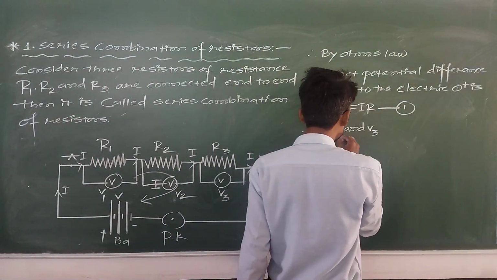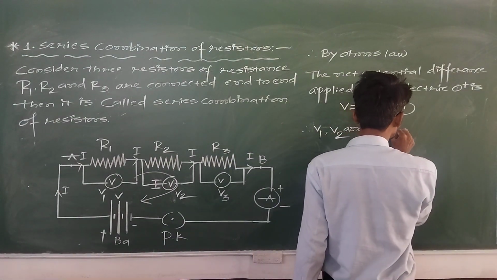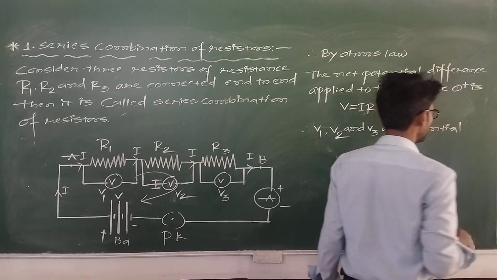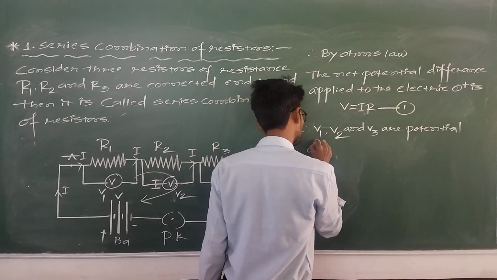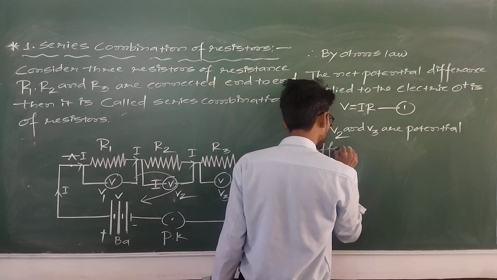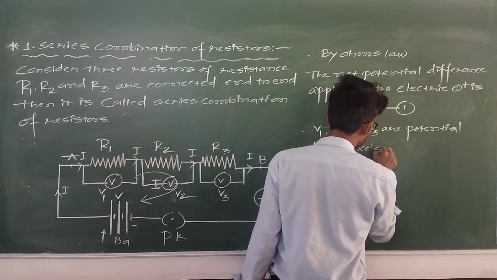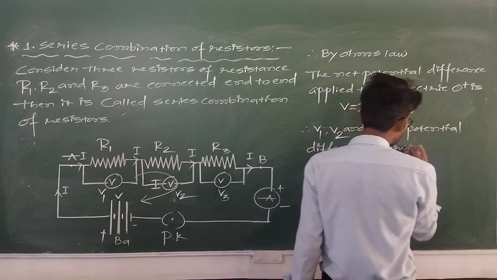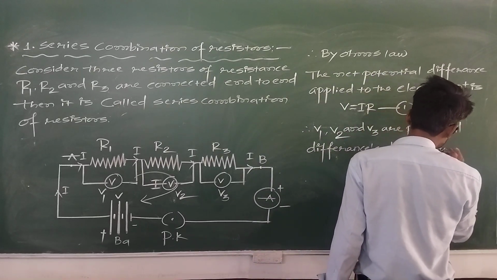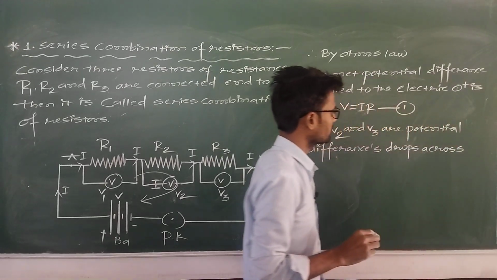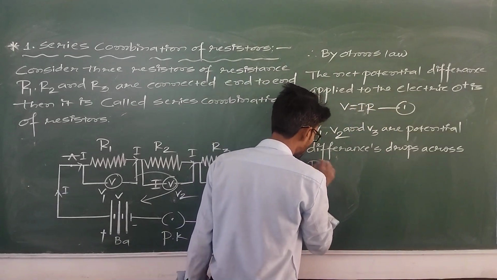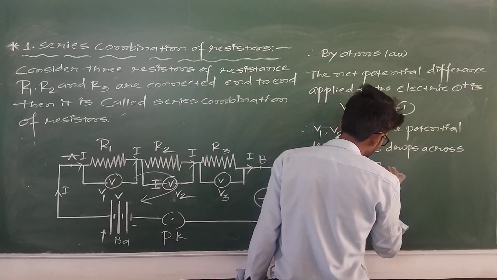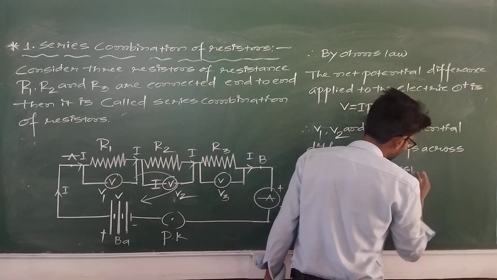So V1, V2 and V3 are the potential difference drops across R1, R2 and R3 respectively.